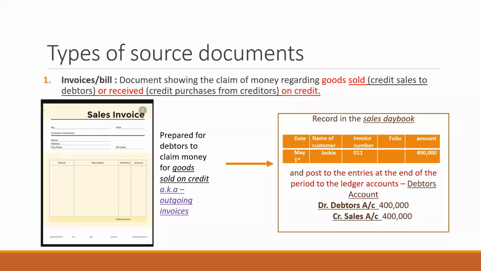Because it is written there. What can you see? Sales invoice prepared for debtors to claim money for goods sold on credit. Then it is recorded in the sales day book.